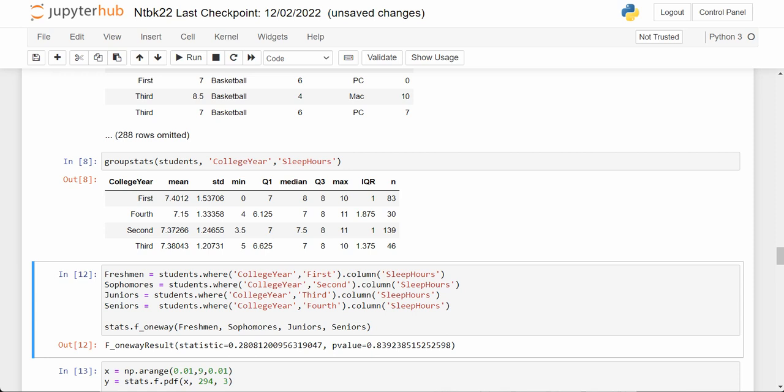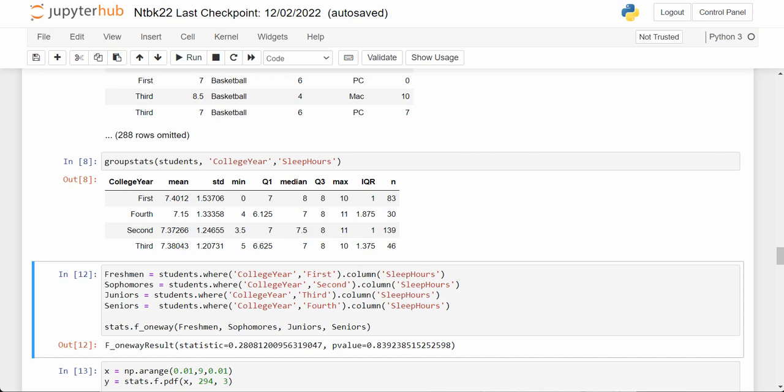So freshmen get about 7.4 hours, and seniors get a little less than 7.2. And notice that sophomores and juniors both get about 7.37, 7.38 hours of sleep. So there's not a huge difference between first, second, and third, but the seniors do seem to be getting a little less sleep.